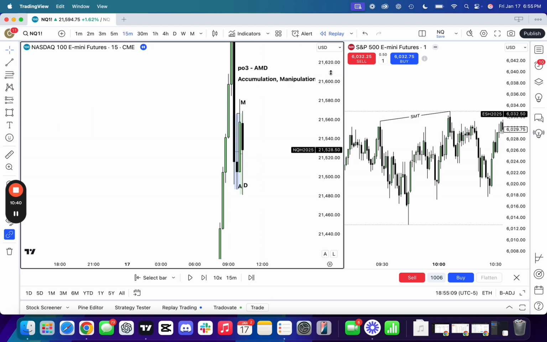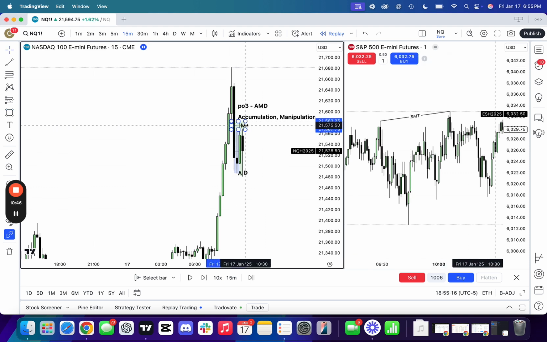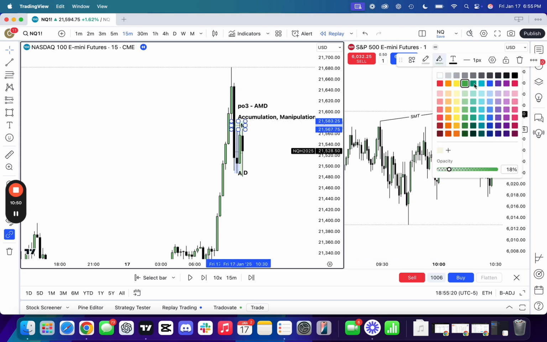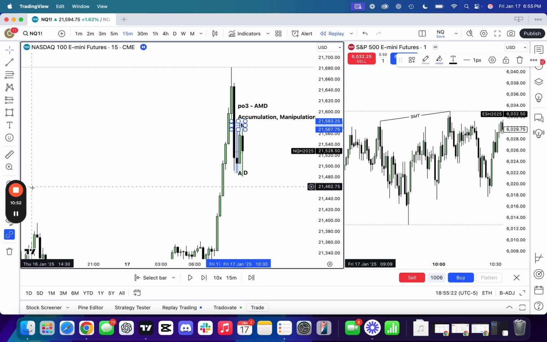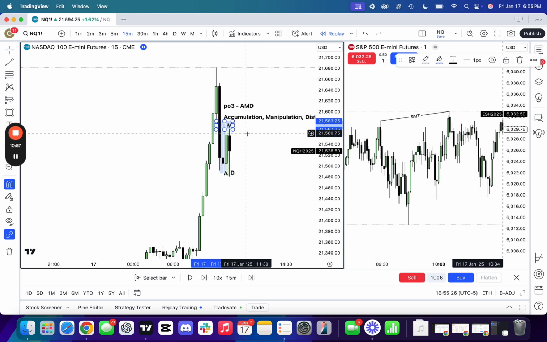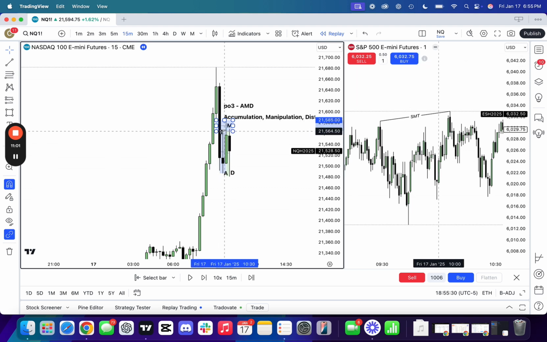So like we go to the 15 minute. This fair value gap that we found, the higher time frame PDA. Higher time frame PDA right here. Let me turn the magnet feature back on. Drop to the 1 minute.